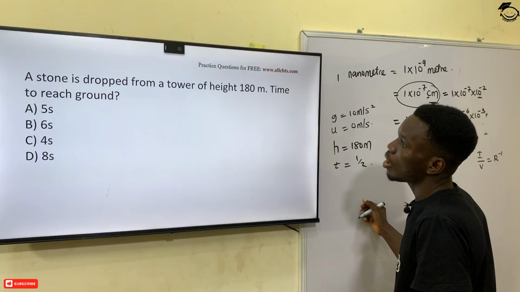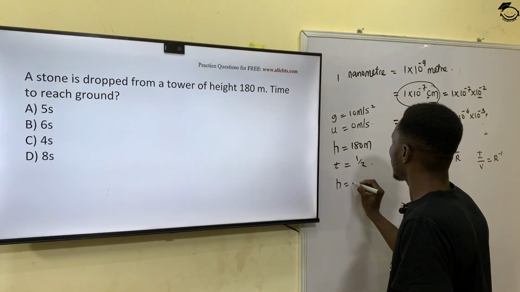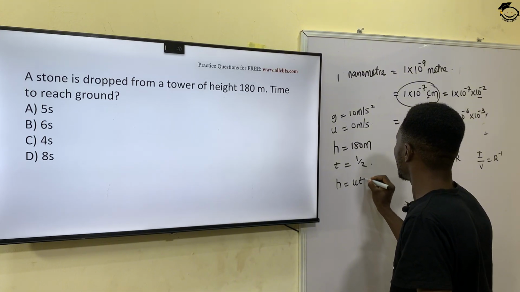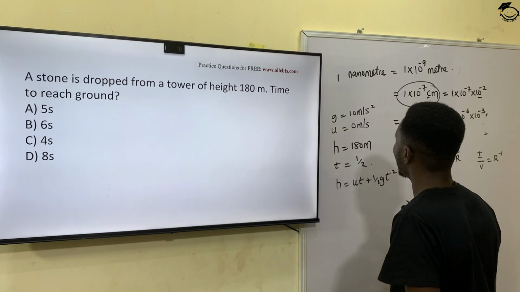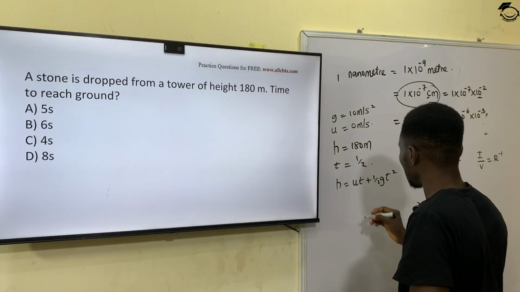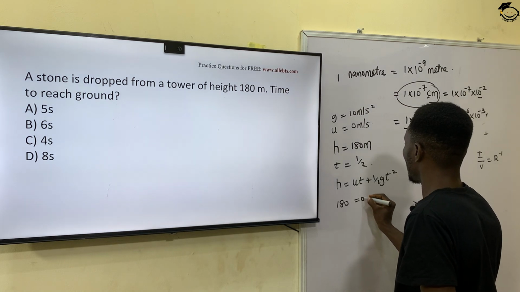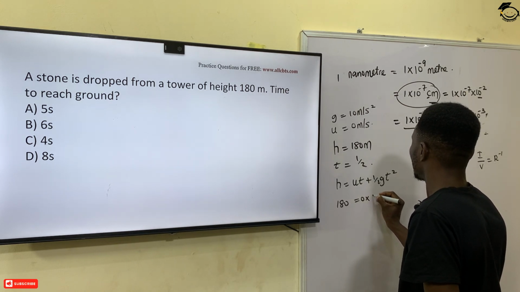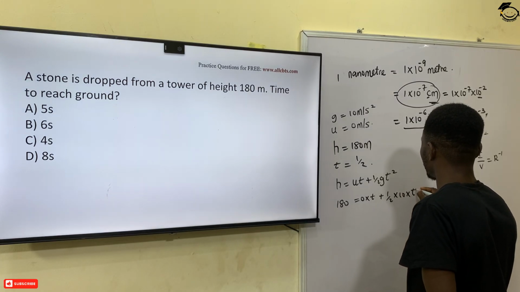So with this, all I have to do here is calculate. We know that H is equal to UT plus half GT squared. So this will give me 180 is equal to 0 times T plus 1 over 2 times 10 times T squared.